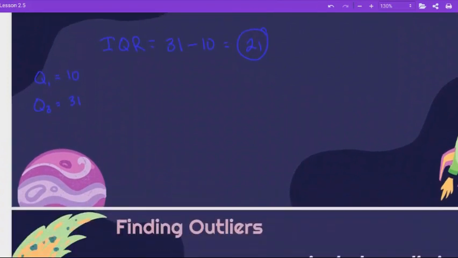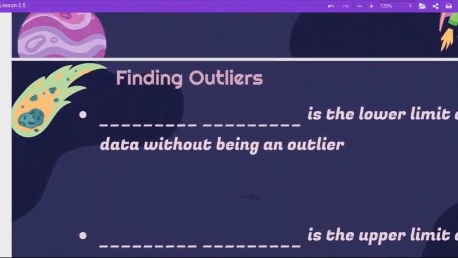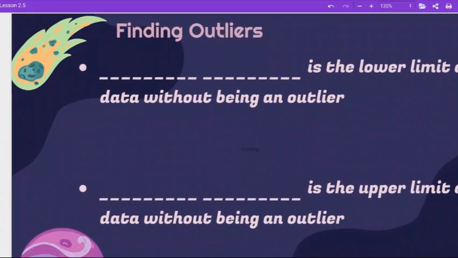All right, so finding outliers. So now we will know specifically if a value is going to be an outlier or not. We do that by defining a lower fence and an upper fence.